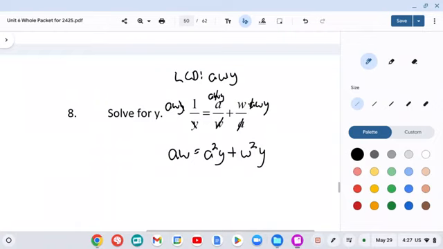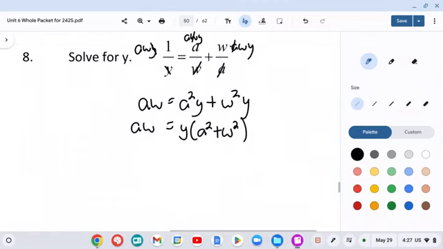So again, what we did for number 7, we'll have to do here, where we pull out a greatest common factor of a y, and we're left with a squared plus w squared on the right side. And then because that's multiplied by y, I'm going to divide by a squared plus w squared in order to get the y by itself. So those will cancel each other out. Now y is isolated.